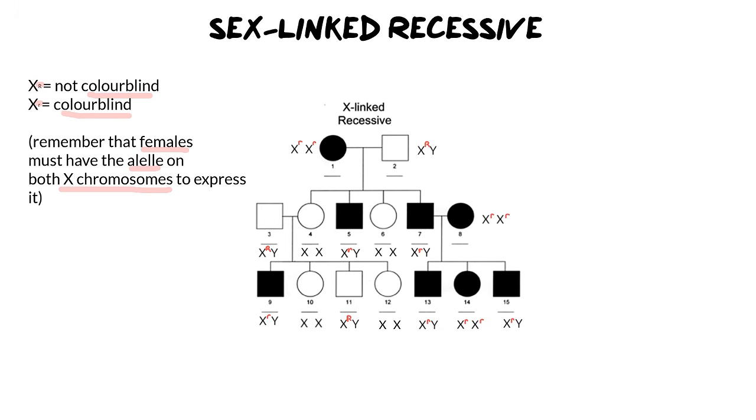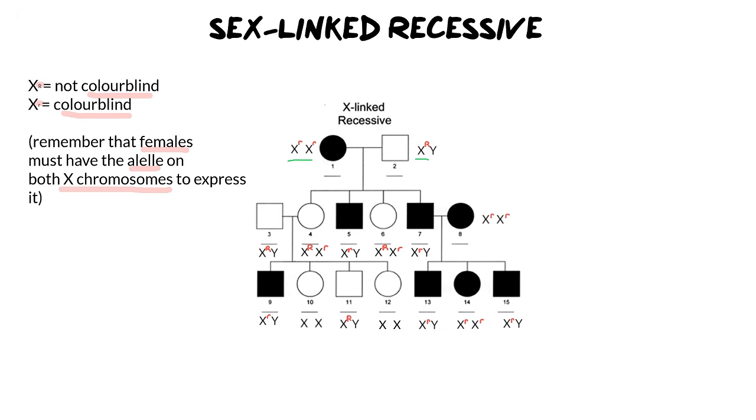The father only has one capital R X to offer, which means that all the daughters should have at least one capital R on one of their X chromosomes, because that's where they're going to get one from their dad. And the other one is going to come from their mother. Their mother only has 2 small r's to offer, which means that these are lowercase r's. Now, we call these individuals carriers because they carry the disease, but they don't experience any symptoms.